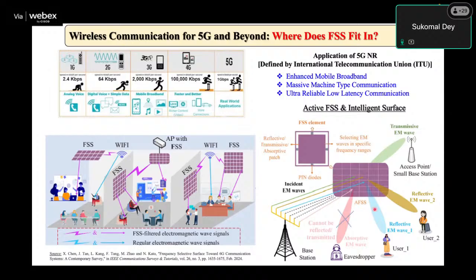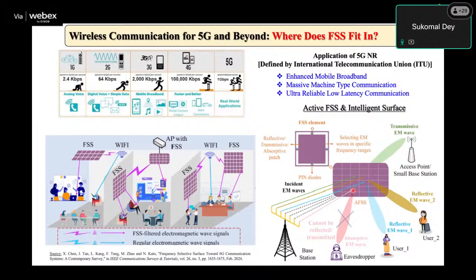Correct? Now the question here is that one can always do it with the help of a phase shifter and antenna. But here you are designing the FSS unit cell in such a way that you can tune the beam. That is conventional FSS. Now what are you doing? Why are you calling it an active FSS? Because here you are using diodes as well as an amplifier, by which you are improving the signal strength.